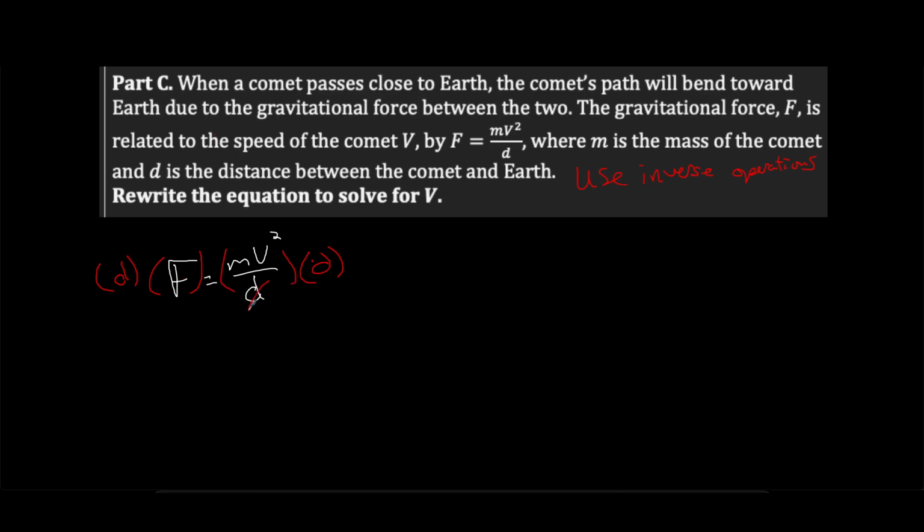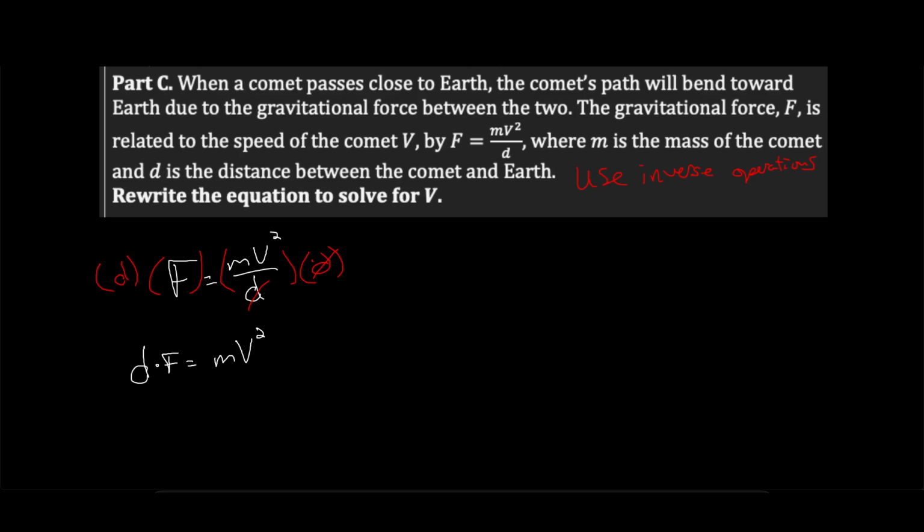And this cancels out my variable d. So now I can rewrite it. I can say there's going to be d times f is equal to m v squared. Divide both sides by a coefficient m.